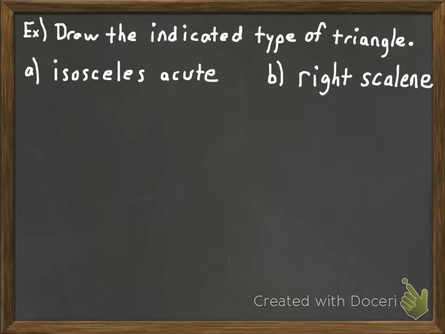I'm going to put one up here on the screen for you. Now, in terms of how you mark this, I would like you to show me that you have two congruent sides, and let's just say that it's this side and this side that are congruent to one another. And I'm just going to put little dashes on there, making sure to indicate that those two sides are congruent. That's good enough to make it isosceles. And then as far as making it acute, well, if you can make it so that it's obvious none of the angles are 90 degrees or more, that's acceptable.